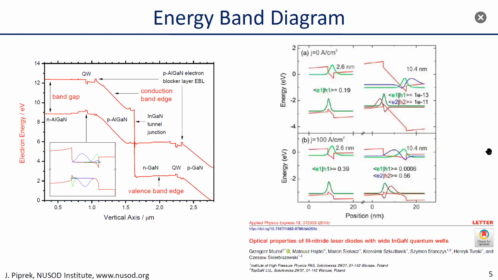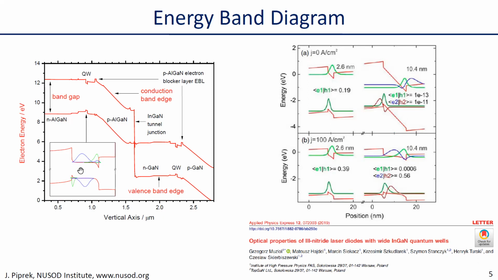And this is an energy band diagram of the device. You see the electrons come in from the left-hand side in the conduction band, generate a photon by meeting holes in the quantum well, then continue through the tunnel junction back into the conduction band, generate another photon, and go out. One of the most unique things with this laser design is the very thick, 25 nanometer quantum well.